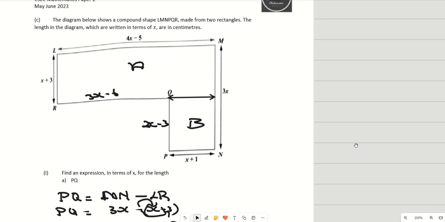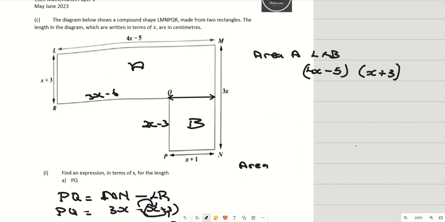Now, we want to find the total area. So what we're going to do is find the area of A, right? It's a rectangle, so it's length by breadth. The length is 4x minus 5, I'll put this in brackets, by breadth, or the width is x plus 3. Right? And then let's just leave a space.